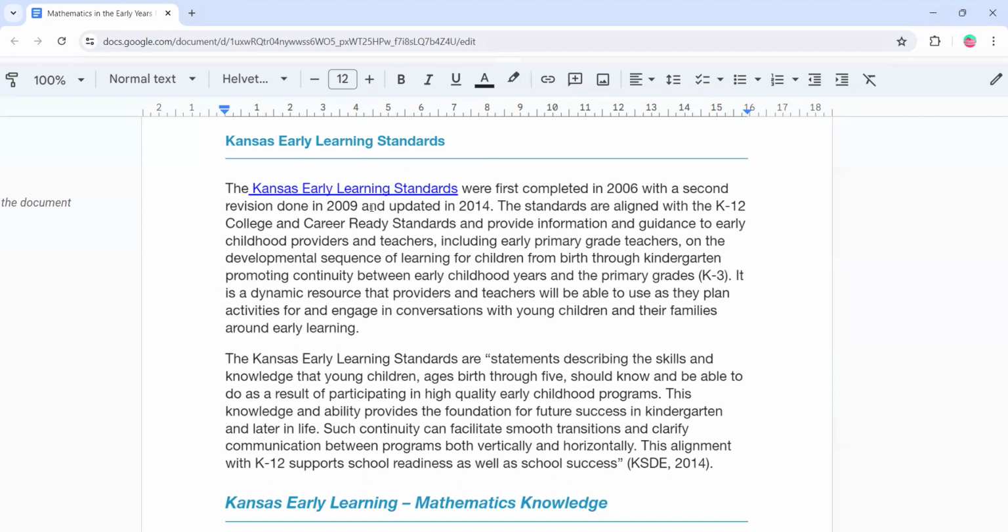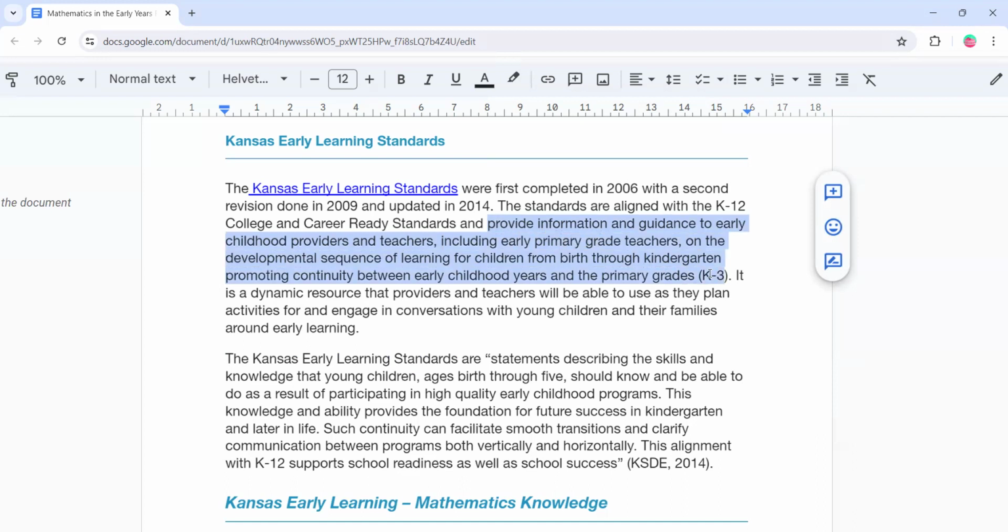So what is provided by this? The Kansas Early Learning Standards provide information and guidance to early childhood providers and teachers, including early primary grade teachers, on developmental sequences of learning for children from birth to kindergarten.